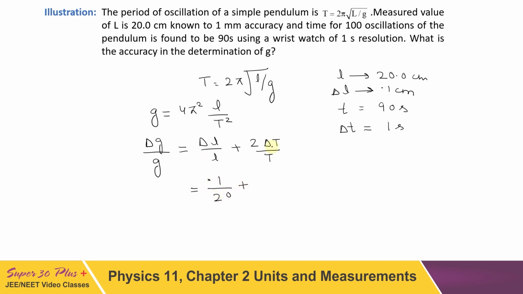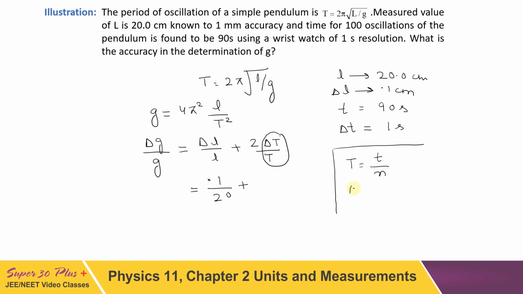Now this is very crucial, because it is given here delta T by T, but this T is capital T, which is the time period, and we all know time period is equal to measured time upon number of oscillations. Directly, whether we can write the value of this small delta t upon small t or not, this we have to check first. So capital T, which is time period, is equal to measured time upon n.